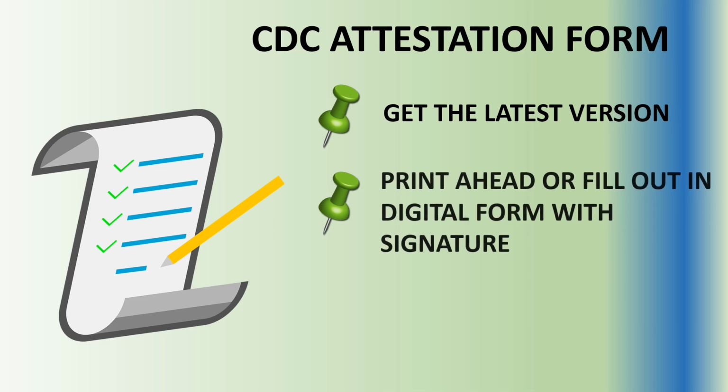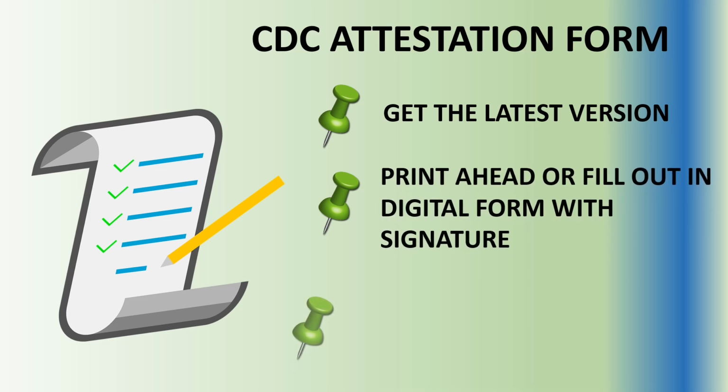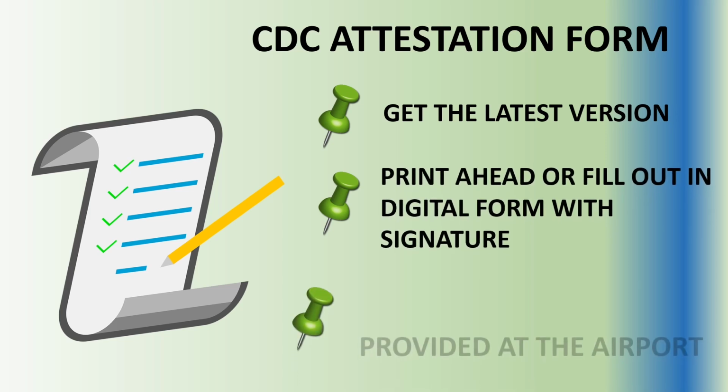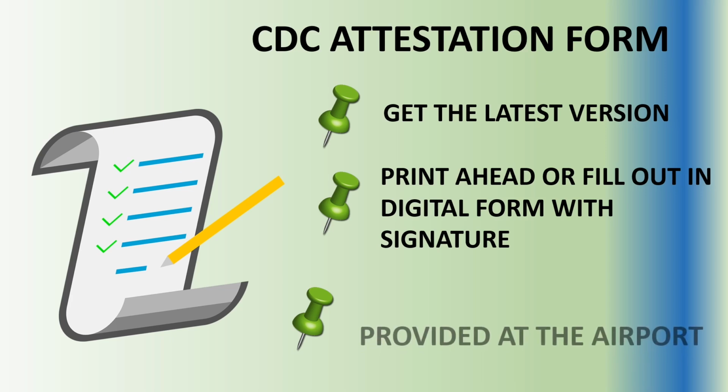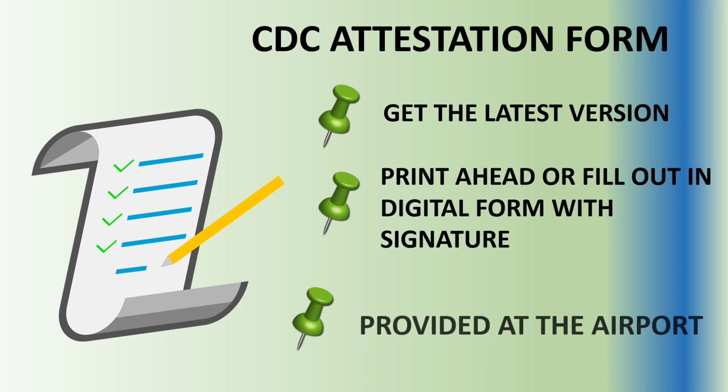If you need to fill out this form at the airport, please arrive early, and the form will be provided at the airport. The CDC Attestation Form provides for your COVID testing within 1 day of flying to the US or your proof of recovery within 90 days of flying.